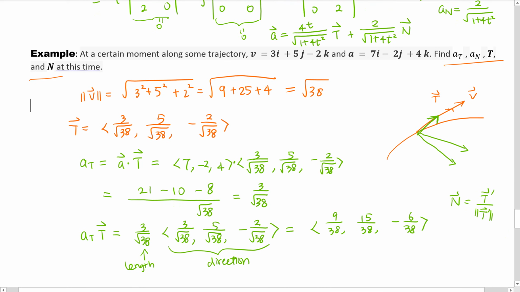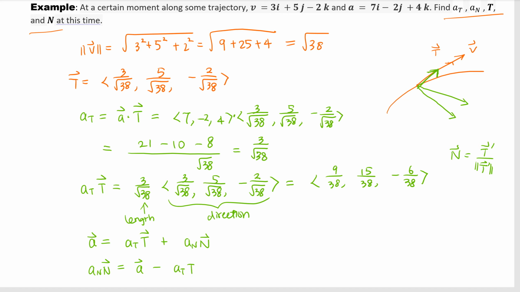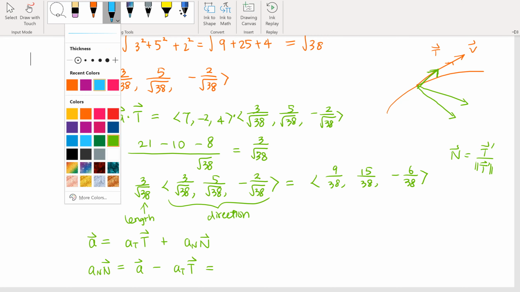But it's okay. We know the fact that acceleration equals the tangential component plus the normal component. So the normal component equals a minus the tangential component. So what is that? Let me use a different color, just make it colorful.